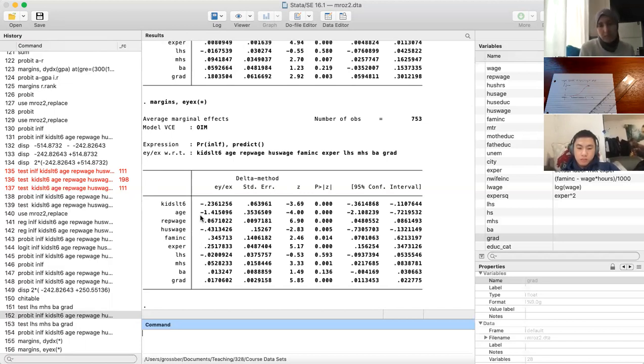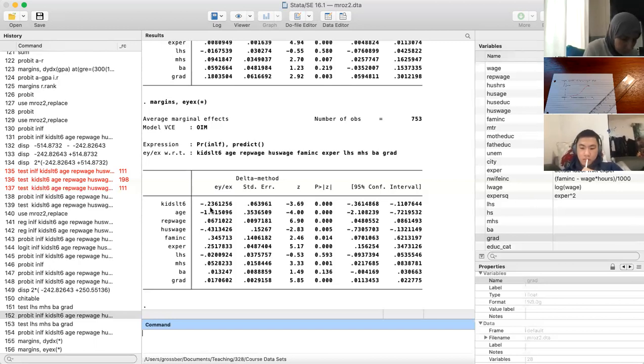If age goes up by 1%, probability of being in the labor force goes down by 1.4%. These are estimated in percentage terms. So age is elastic. The others are inelastic. If the number of kids goes up by 1%, probability of being in the labor force goes down by 0.23%.